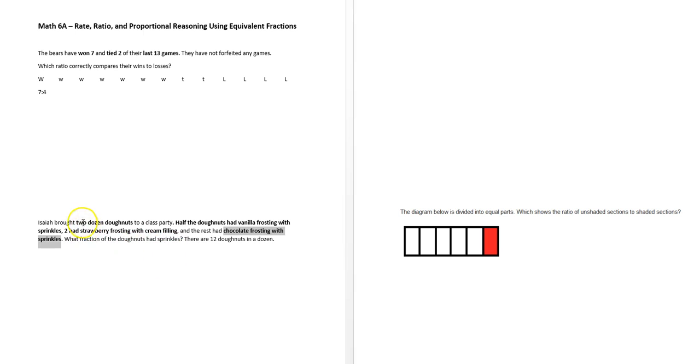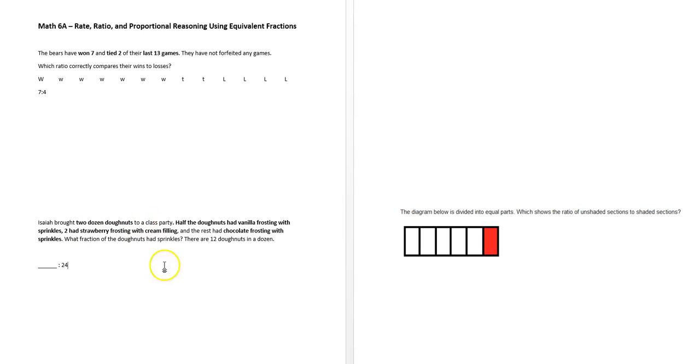So we know that in total there were 24. So when we do our ratio, we're going to have a number compared to a second number. We'll put it in a fraction ultimately. But the total donuts that were brought were 24.